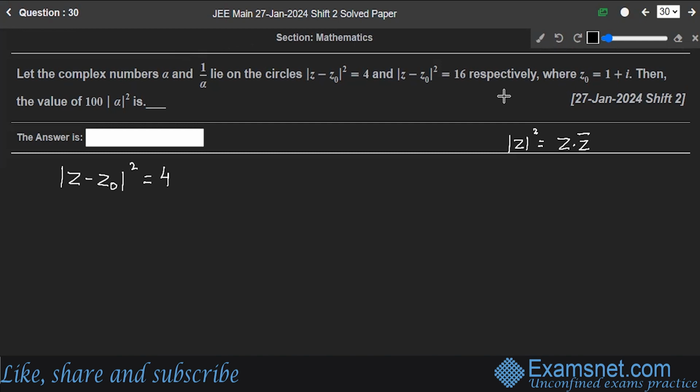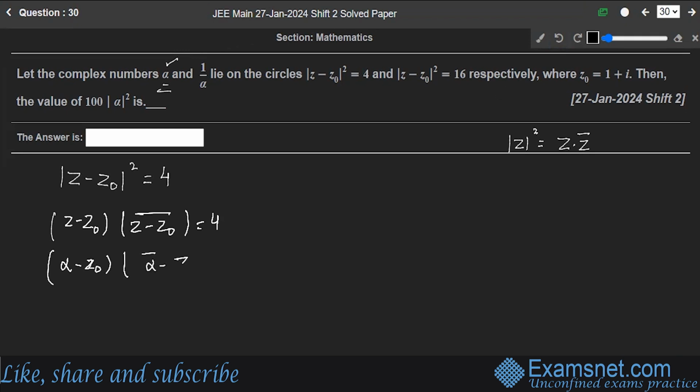So this can be written as, if I put z is equal to alpha, alpha minus z naught multiplied by its conjugate, alpha conjugate minus z naught conjugate, is equal to 4. Let's open it up. You have alpha into its conjugate minus alpha into z naught conjugate minus z naught into alpha conjugate plus z naught modulus square is equal to 4.